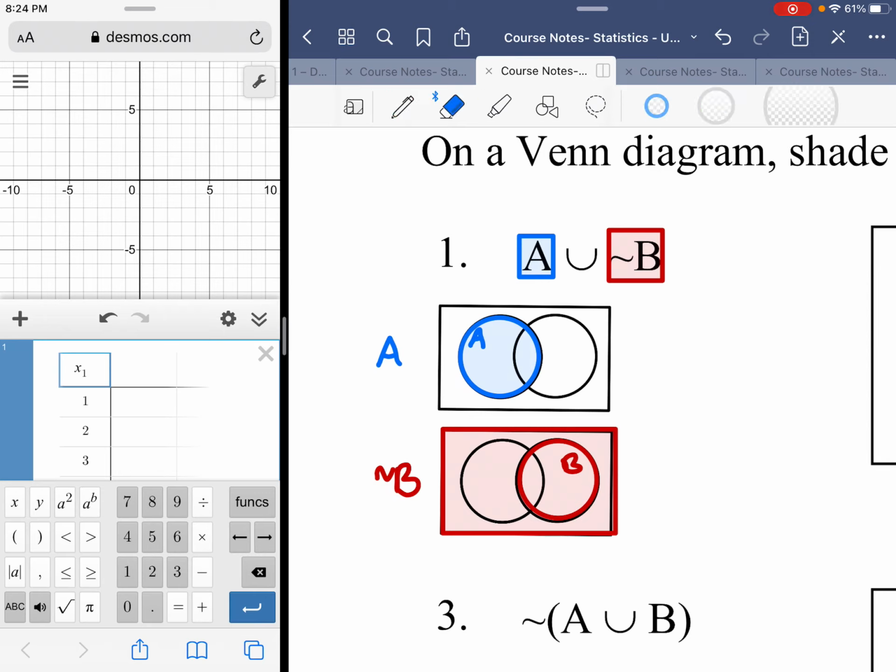So I have that shading, and then I would just get rid of everything within the B. So I'm going to try something, hopefully it'll work. Didn't really. All right, I'm going to try getting cute there. So it looks like I'll just have to shade it the old-fashioned way. So all of this stuff is not B.